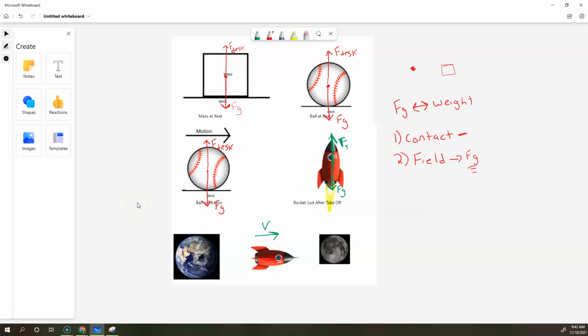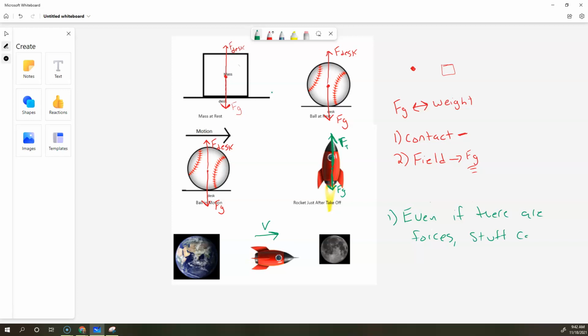First of all, what have we determined from this? Here I have forces and there is no motion. So the first thing I know is that even if there are forces, it's possible there's no motion.